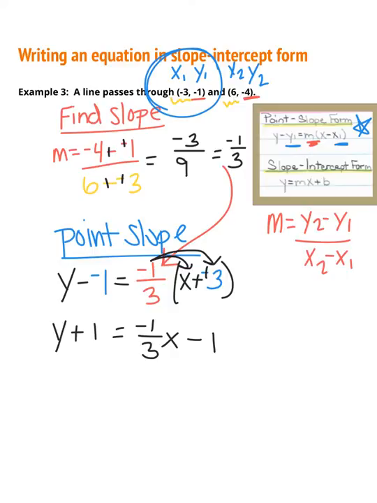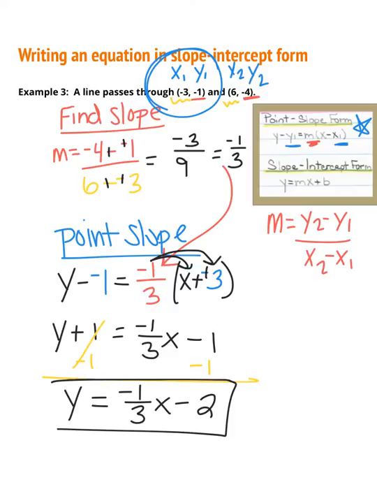Here we should get -1. Now that final step, because we're trying to get the y equals equation, I'm going to subtract 1 on both sides. So my final equation is y equals -1/3 x minus 2, and that is our slope-intercept form. I can read that with the -1/3 as my slope, and the -2 as the y-intercept.